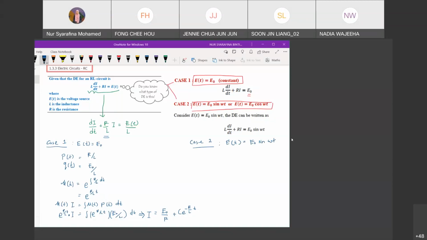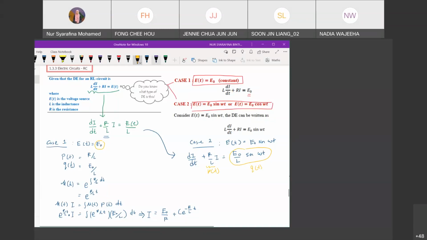By looking at the general form here, your di/dt should be di/dt plus R over L i equals E naught over L sine omega t. So the difference here is, this is in terms of a constant, this is in terms of a function of sine omega t. So this is your Q(t) and this is your P(t). Same with the previous one.